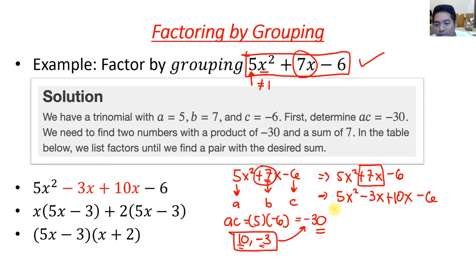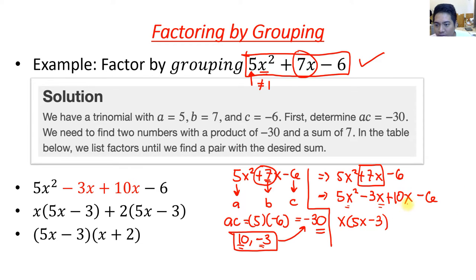Now we can group. If I group the first two terms, they have a common x, so I can factor out x, and now you have 5x minus 3. I factored out x only because it's common to these two.